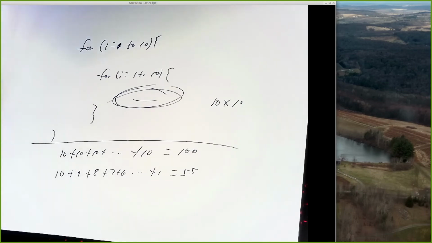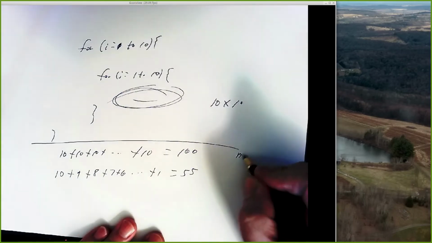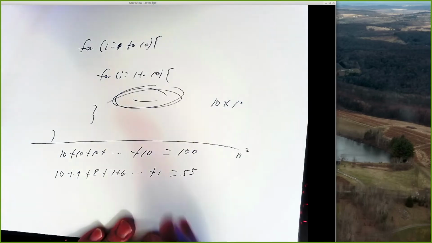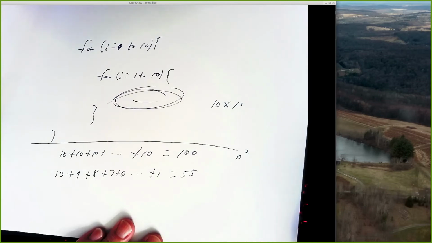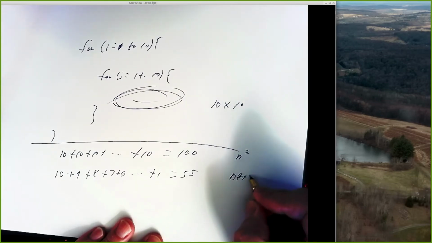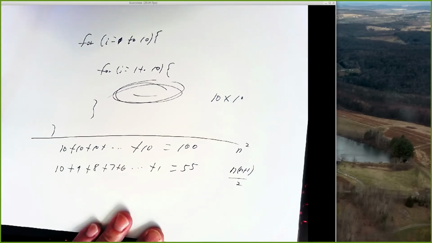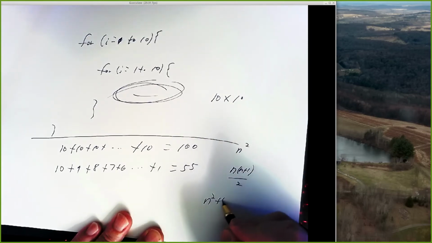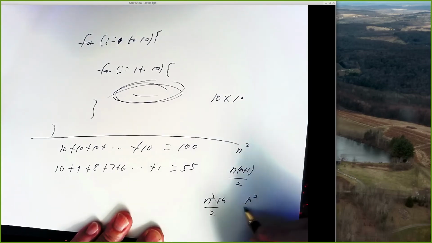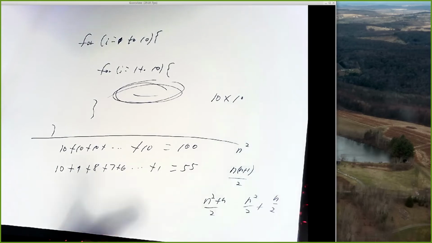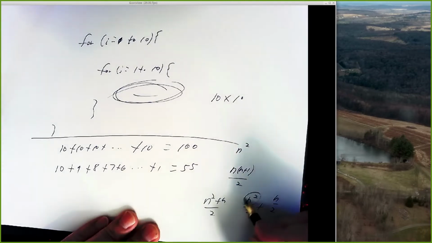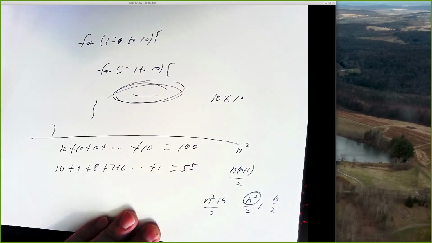So this is still order n squared. The sum of the first n integers is n times n plus 1 over 2, which is n squared over 2 plus n over 2. When we do these orders of complexity with polynomials, we always pay attention to the term with the highest exponent, and we throw away constant multiples.